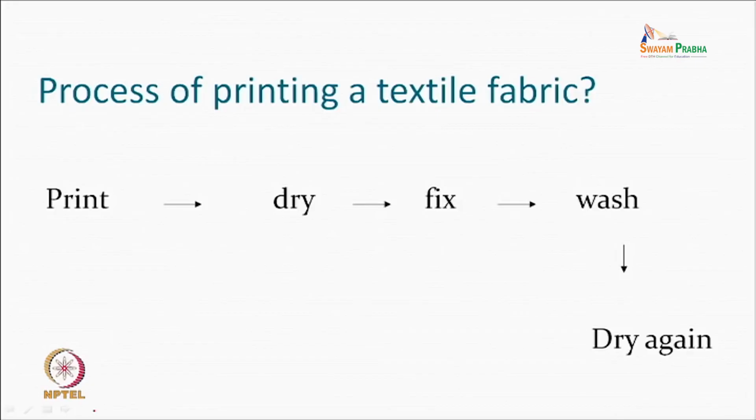So, in this printing process, of course, you have to print and then you have to dry and fix. This is the most important step. All of them are very important steps. You make a mistake anywhere, it is all over.